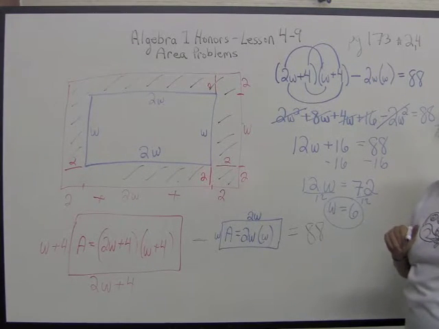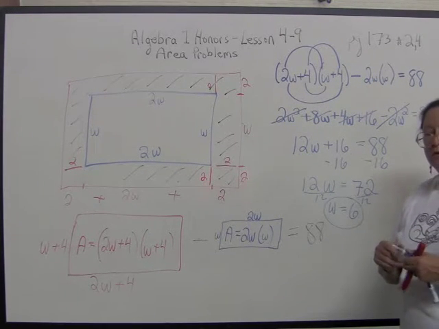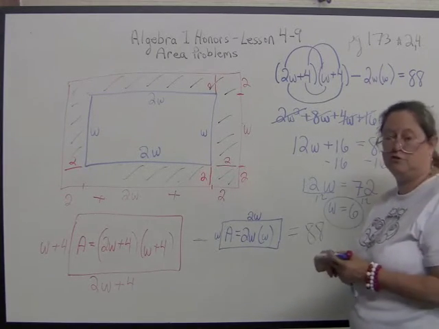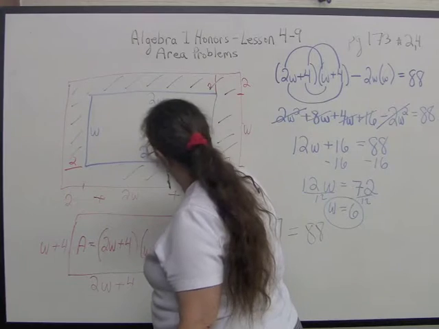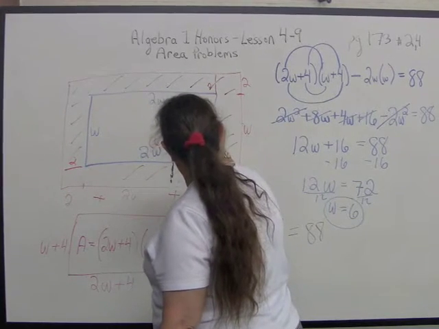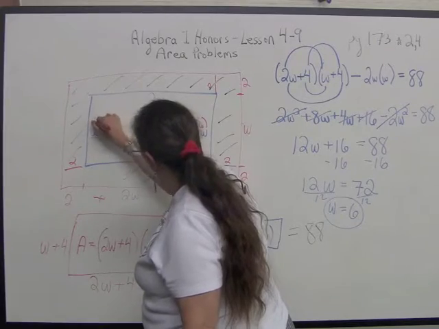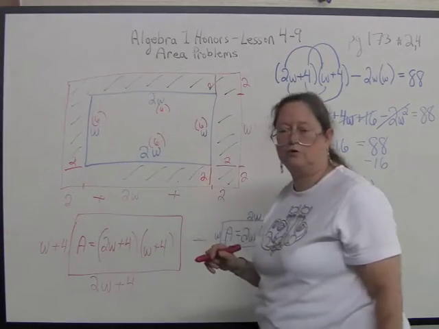So there's our answer. Now, we should always go back and check. Okay? So let's put in a 6 for W everywhere. Here's a 6. Here's a 6. Okay, now let's see if this actually works.